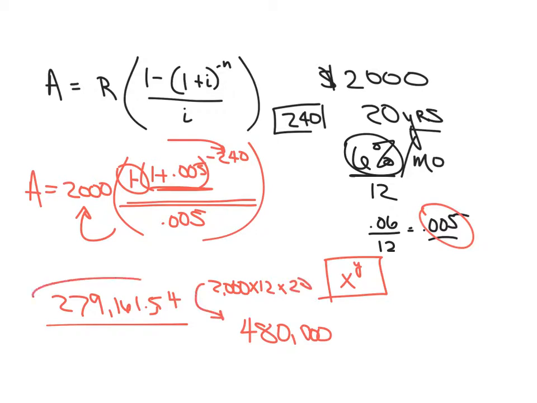How much did you invest? You invested that right there. So just in interest over that 20 years, you made $200,000. So it's a lot better to invest it at that 6% a year than to just take this money and say, I'll just take $2,000 a month for the next 20 years, because you will go through that a lot faster. You almost have double the amount by putting it in savings.